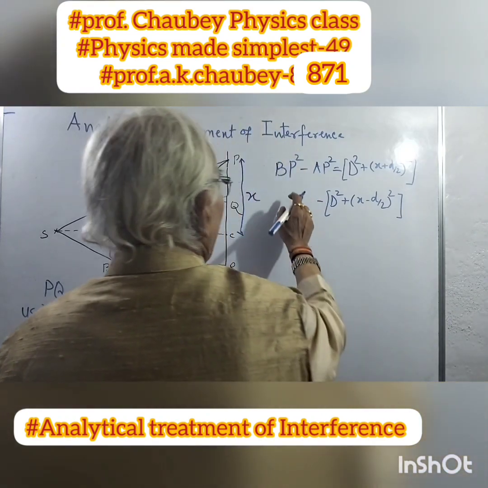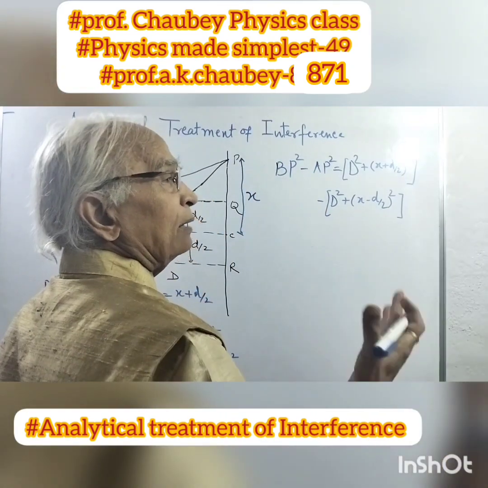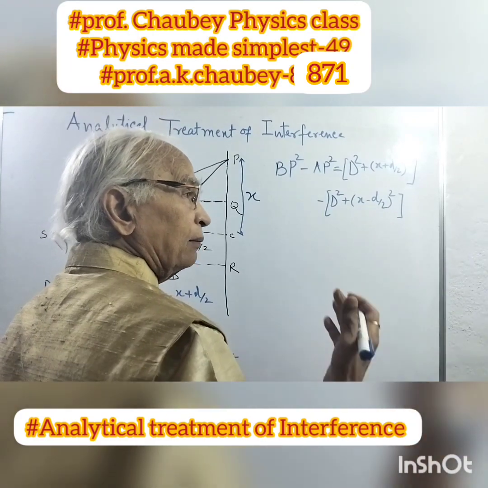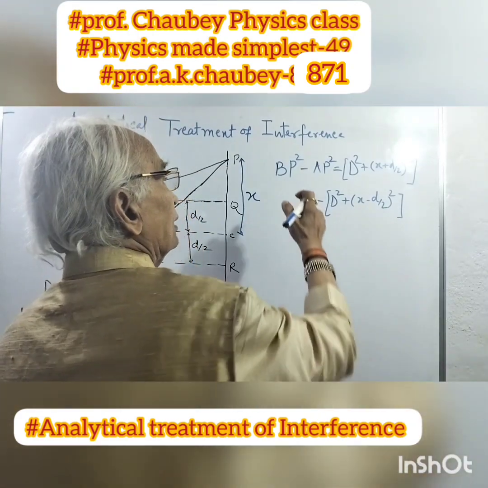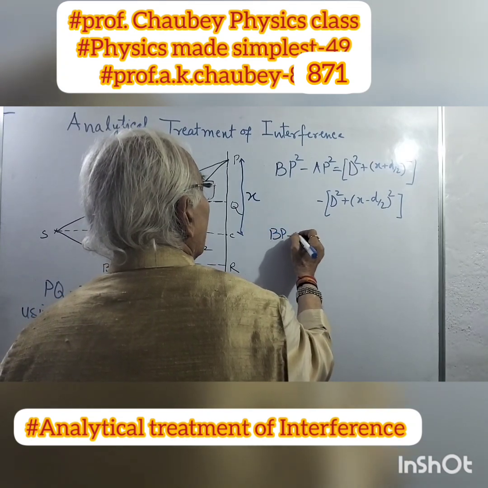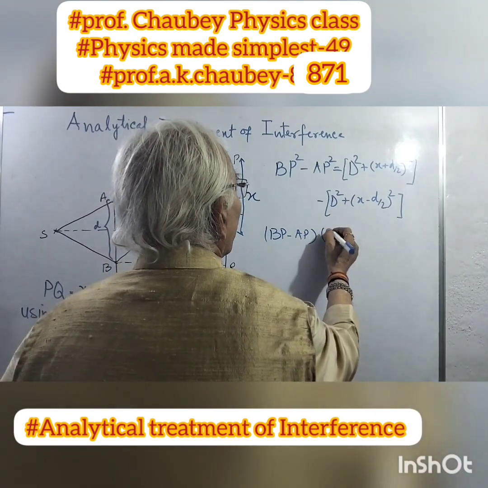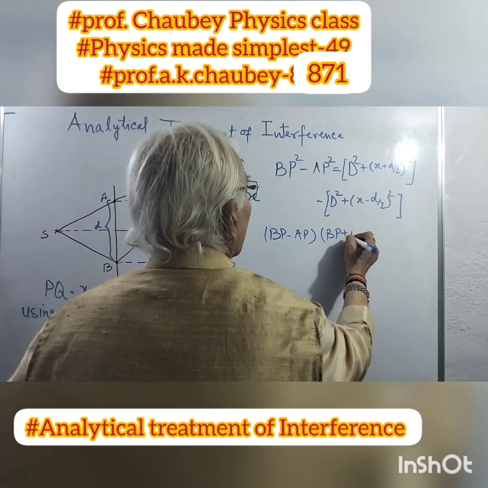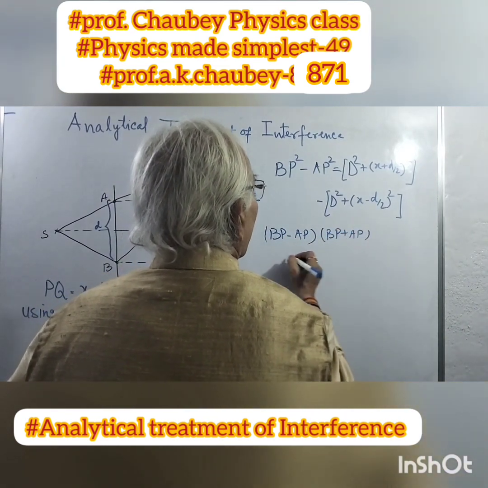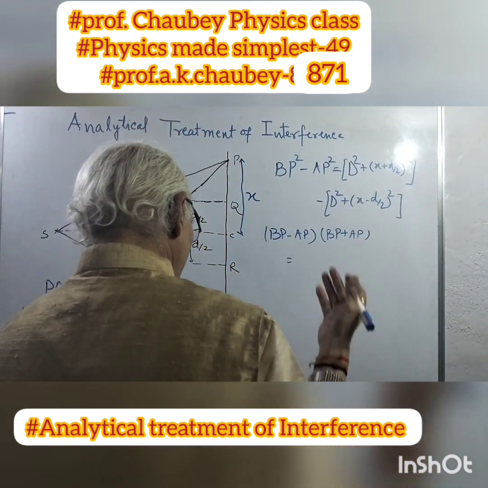You can write this BP square minus AP square, just A square minus B square is A minus B into A plus B. So this we can write BP minus AP into BP plus AP is equal to, this gets cancelled and you open the bracket.